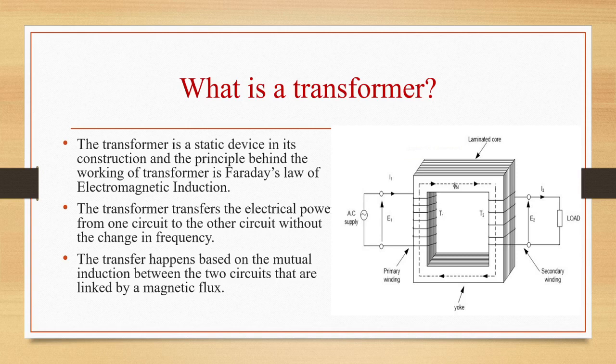So why we have to increase and decrease the value of voltage? Depending on our application. Now in a power system, basically there are 4 stages: generation, transmission, distribution and utilization. When the voltage is generated at the generating station, that voltage has to be transmitted at a higher level due to economical reasons.